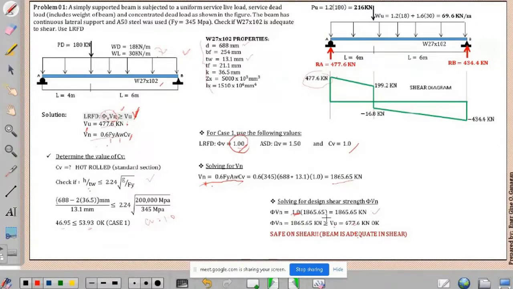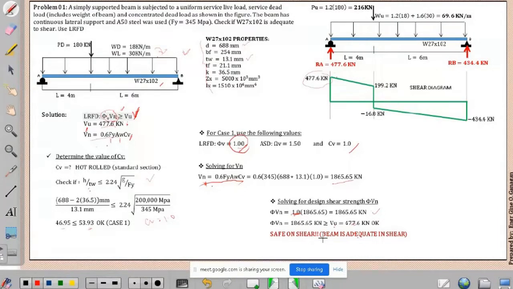So, we just have to check if W27 by 102 is adequate for shear. For this problem, since our design shear strength is greater than the ultimate, our beam is adequate or safe in shear. Okay?